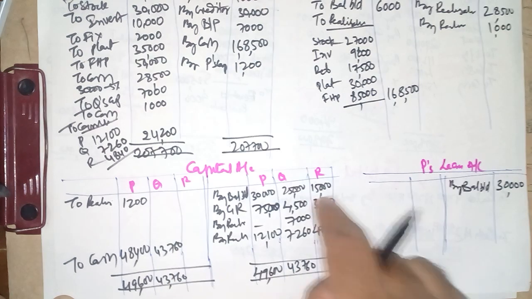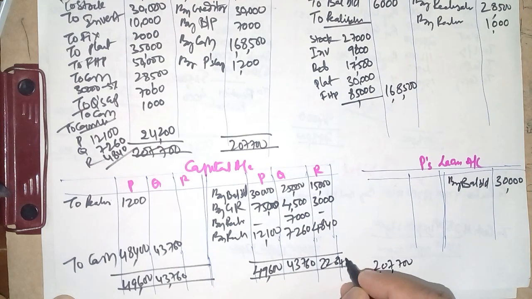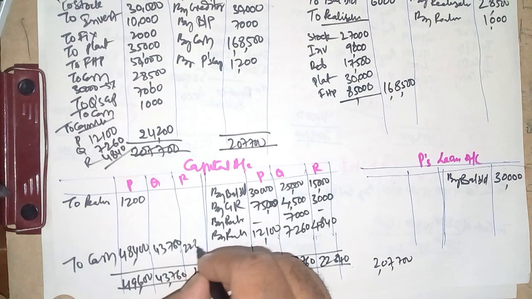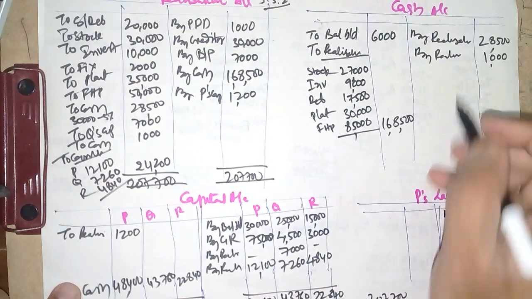In the same way, close the next one. 15,000, then 3,000, then 4,840, right? So 22,840. These balancing figures of the capital will be written in the cash account.